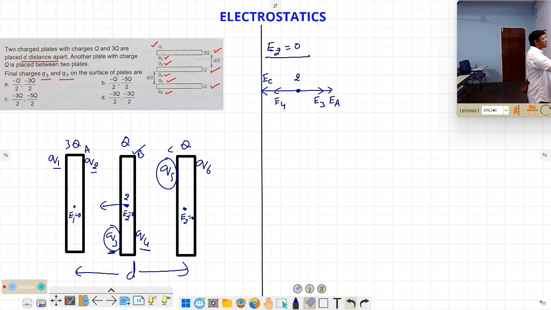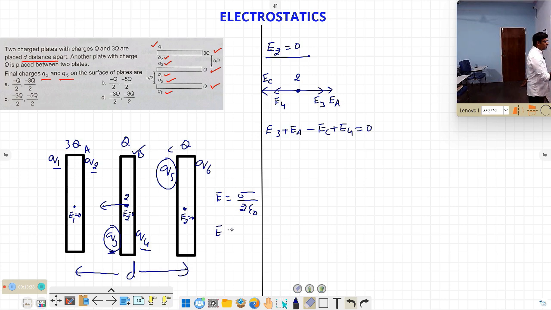So simply add all of them: E3 plus EA minus EC plus E4 is equal to 0, that is E2, and that E2 value is equal to 0. So what is E3 according to the concept? The electric field due to a rod is sigma by 2 epsilon naught, that is the concept.